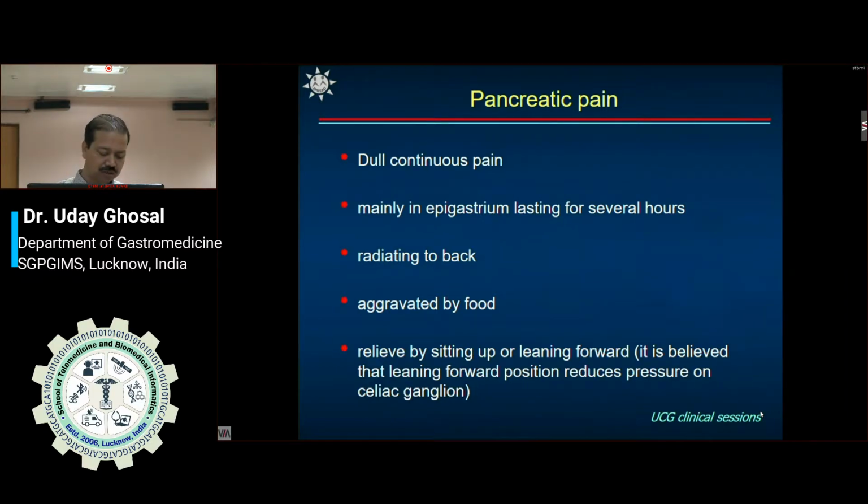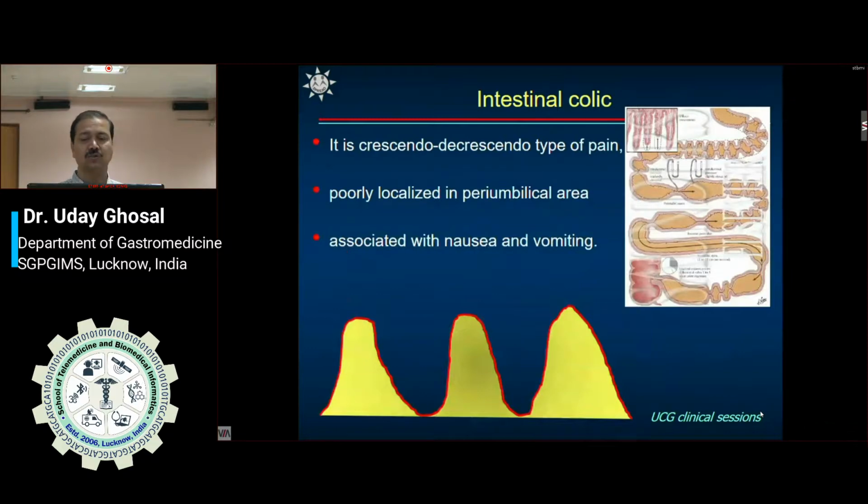So what is colicky pain? This is a question that we ask almost always. Here is the picture of colicky pain. In colicky pain, the pain will rise, go to the maximum intensity, then come down.